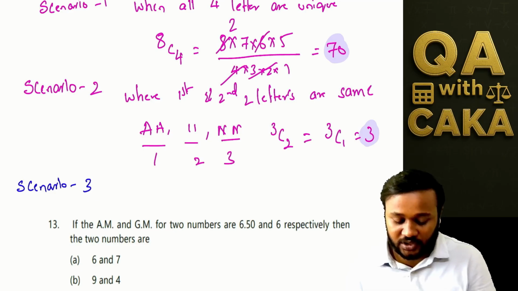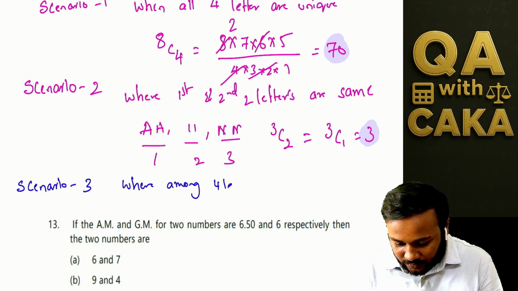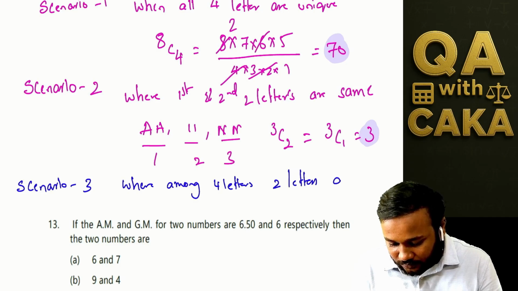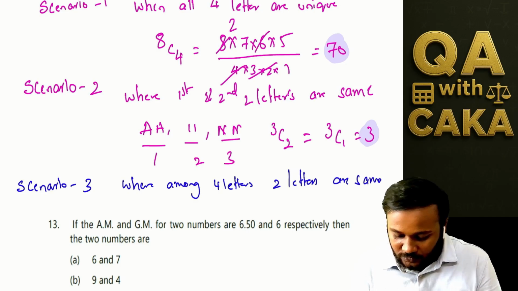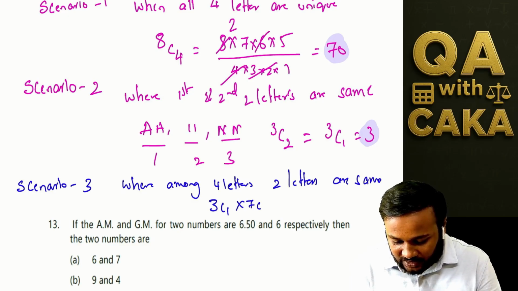Now, what will be scenario 3? Where among the 4 letters, 2 letters are the same. So in that case, it will be 3C1 into 7C2.